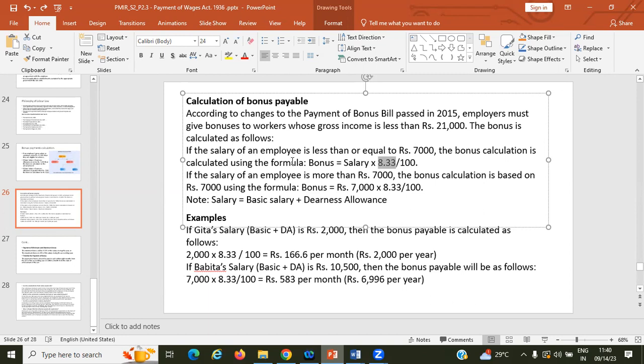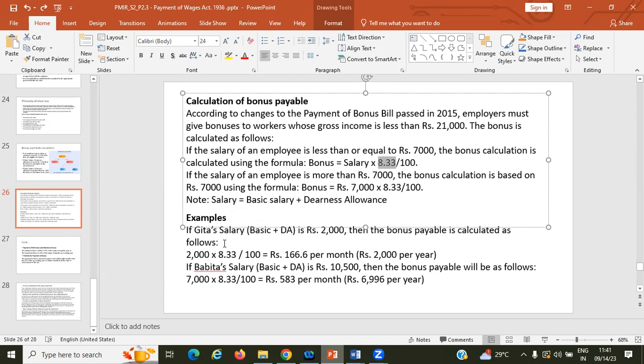If the salary of an employee is less than or equal to 7,000, the bonus is calculated using this formula: salary into 8.33. If the salary is more than 7,000, then 7,000 is the maximum bar I told you, so 7,000 into 8.33%.